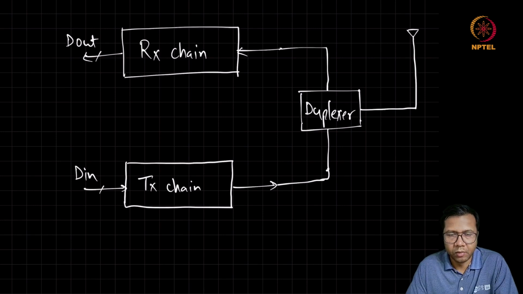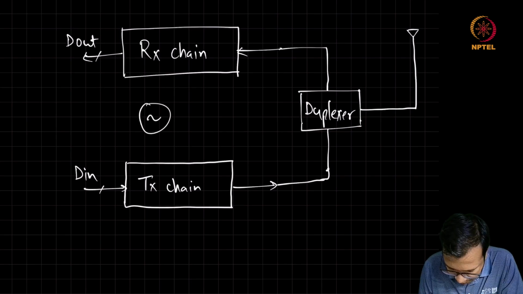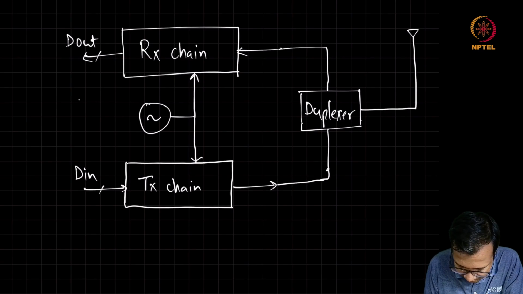And in addition to the receive chain and transmit chain, we have always been assuming that there is a local oscillator available which can generate the required periodic signal for the frequency up conversion and frequency down conversion. This is the local oscillator.